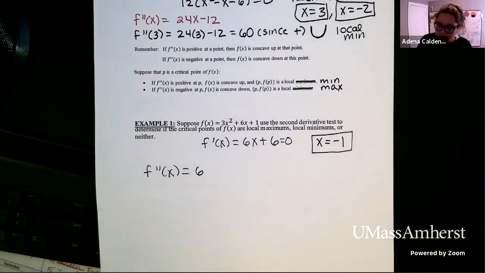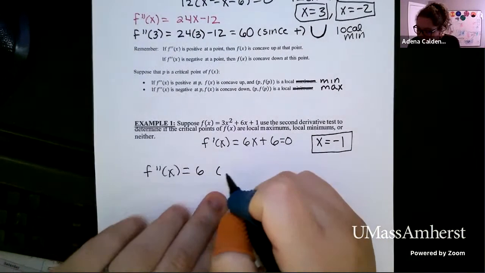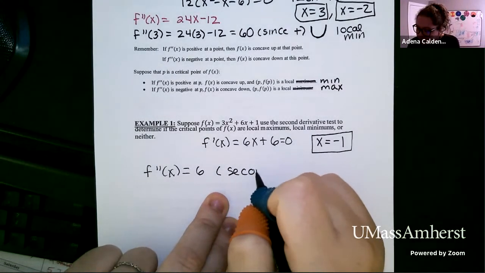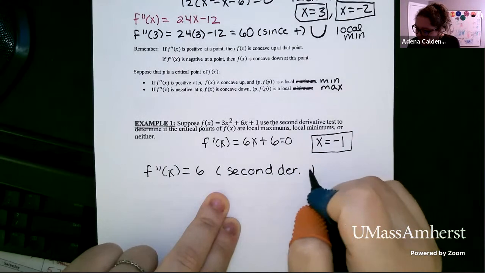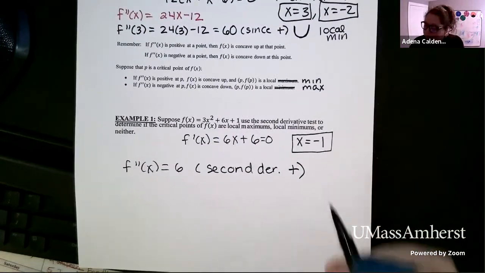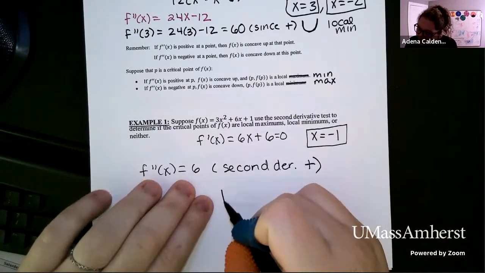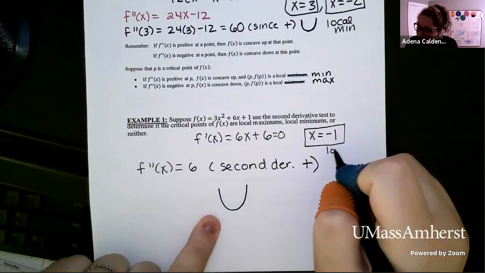That means it also equals 6 when x equals -1, which means the second derivative is positive everywhere, right, for all values. And if the second derivative is positive, that means the entire function is concave up.